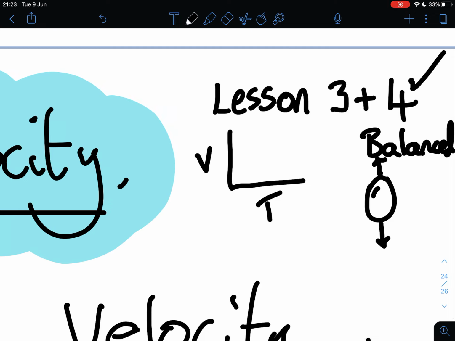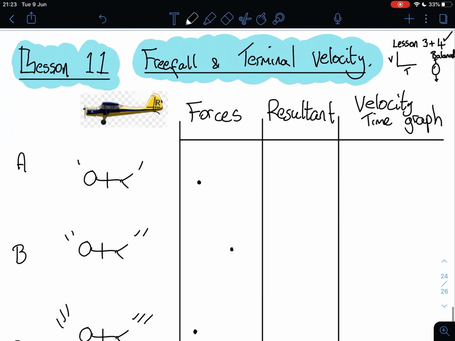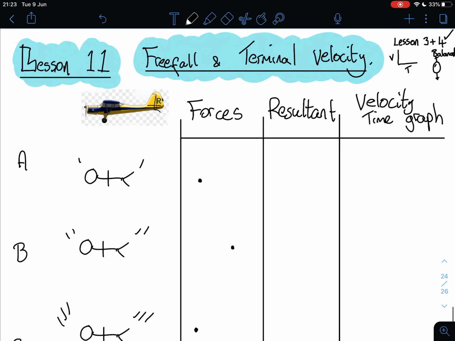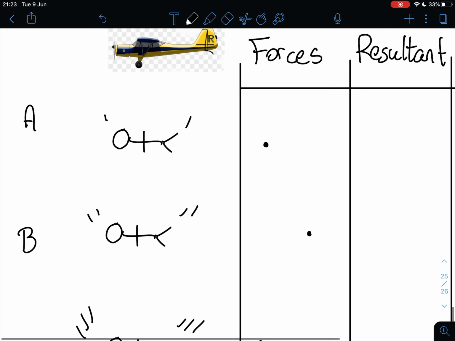It might be worth having a quick look at the notes before you do this. So, free fall and terminal velocity. Jumping out of a plane or dropping any object on the Earth. Obviously, everything falls because of gravity. And gravity, if it had its way, would make everything fall at 9.8 meters per second squared.